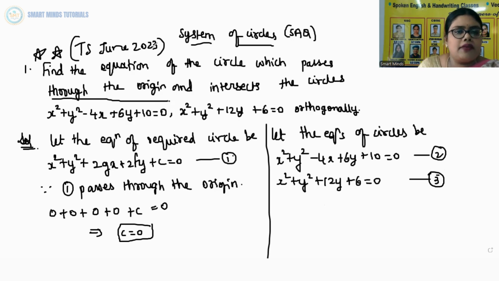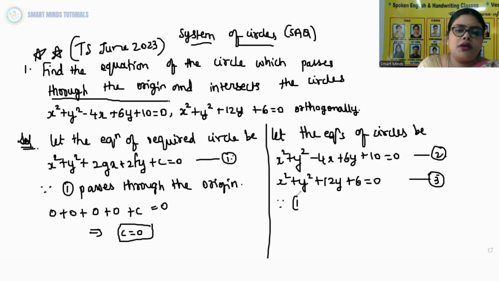Now what it is saying: find the equation of the circle which passes through the origin and intersects these two circles orthogonally. It means first you have to take 1 and 2 as orthogonal and apply the orthogonal condition. Then we will take 1 and 3 as orthogonal. So let's see how to do that.